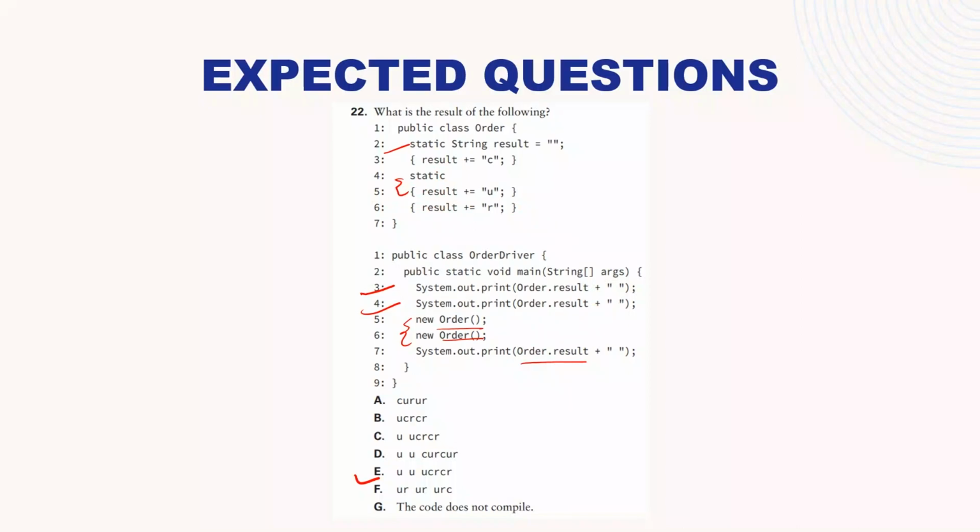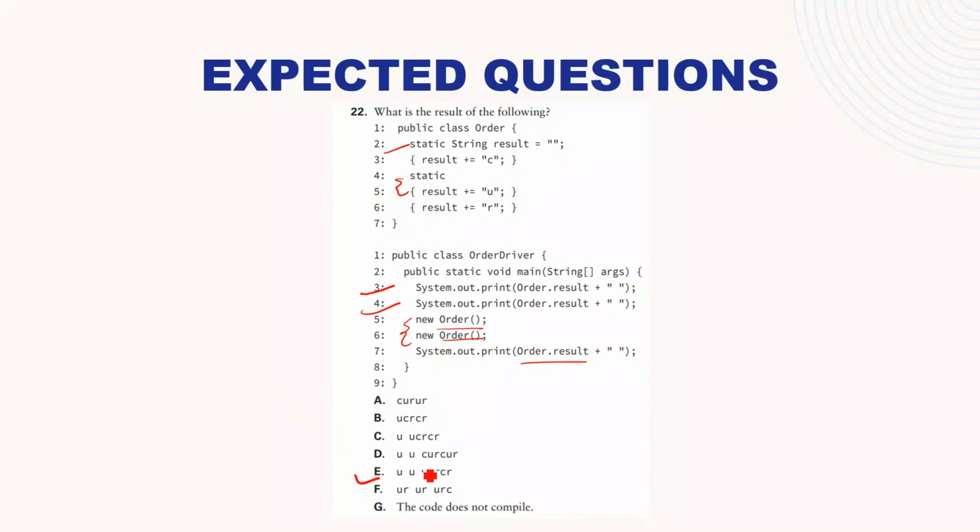Actually every static variable, function or static initializer block gets initialized when the class is getting initialized. So that's why we got this UU over here. I hope that is fine, because there is no change to the result string as of now, only 2 times we are printing U. So on line number 5, we create a new Order which triggers the instance initializers in the order they appear in the file. Now the result is UCR.